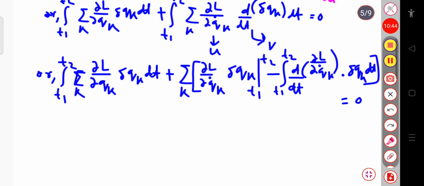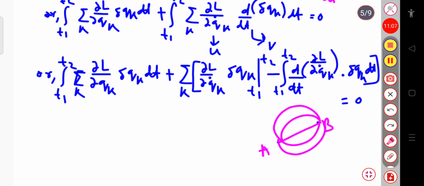And also you know, from Hamilton's principle, what we have considered: suppose these are the two points A and B, and this is your actual path. You can join any path from A to B, you can draw any path from A to B. But at the points A and B, you have to consider delta r equal to 0.